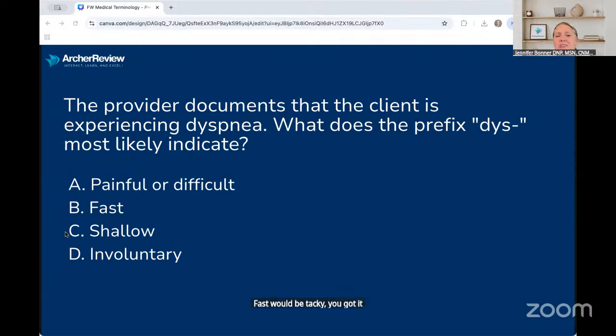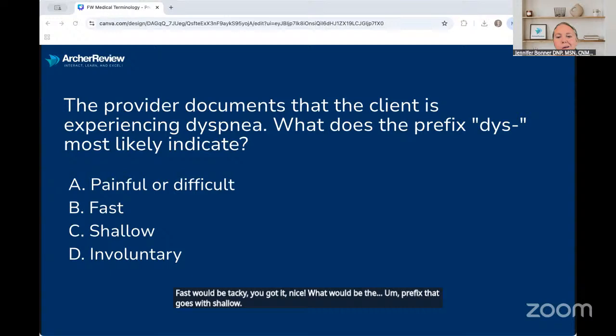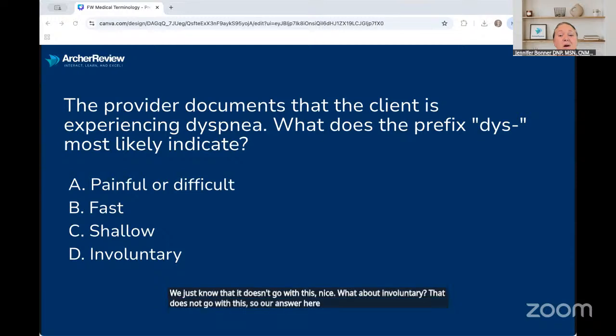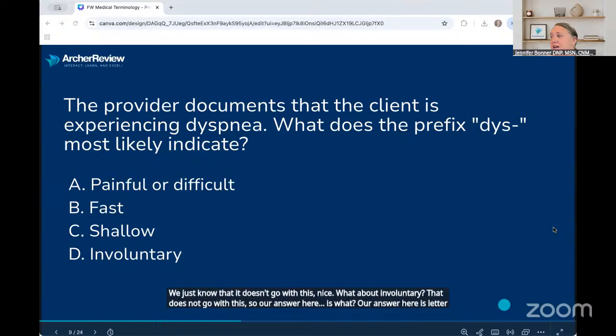What would be the prefix that goes with shallow? We just know that it doesn't go with this. What about involuntary? That does not go with this. So our answer here is letter A.